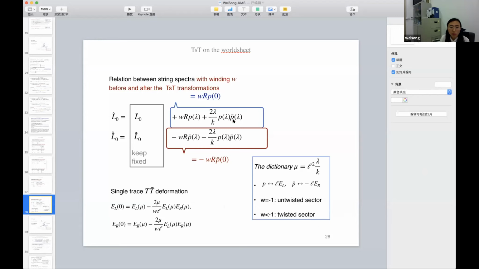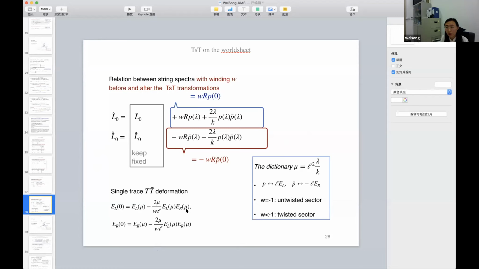So by observing this change of the momentum after this deformation, one can say this relation is precisely the relation of the TTbar spectrum.